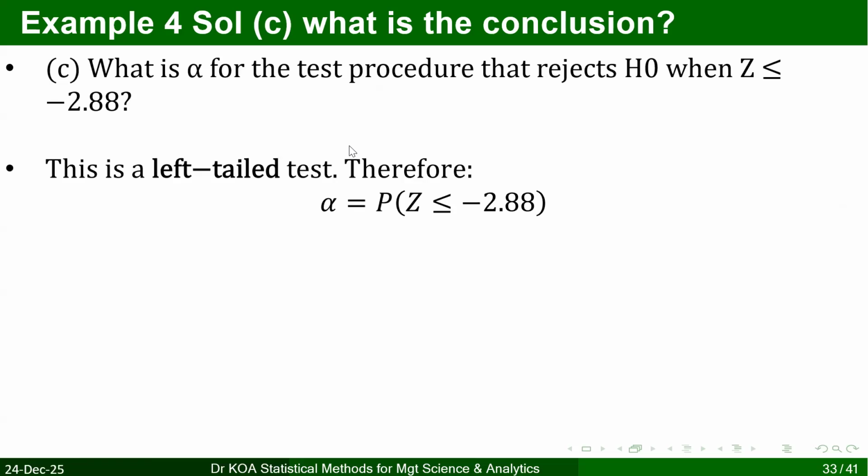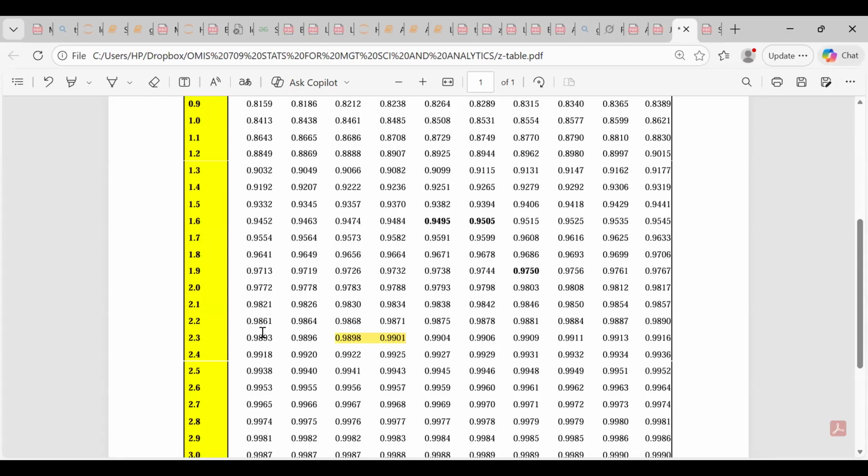What do you get? Depending on whichever table you are dealing with, this one is a straight movement. What is the alpha value? You read 2.8 under 8. 0.0019?